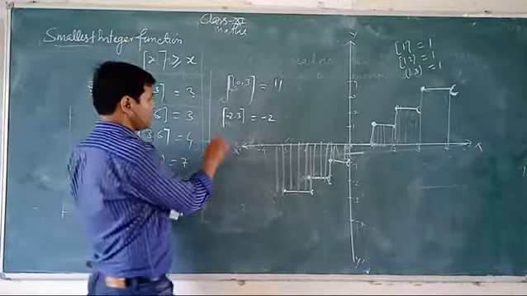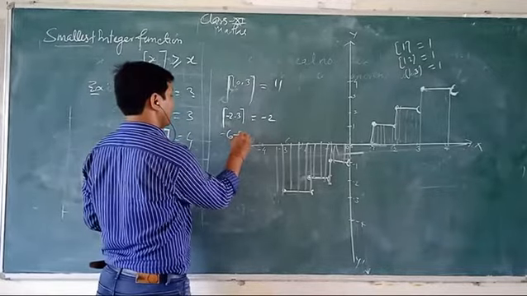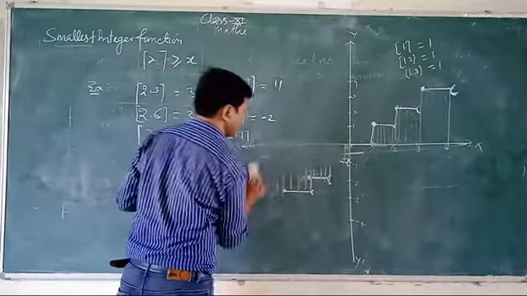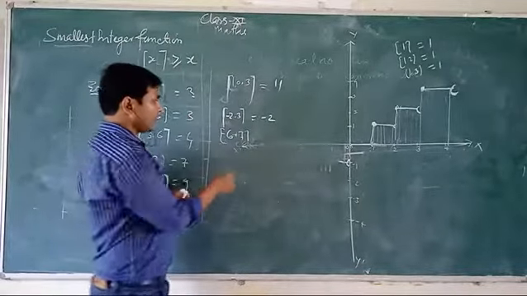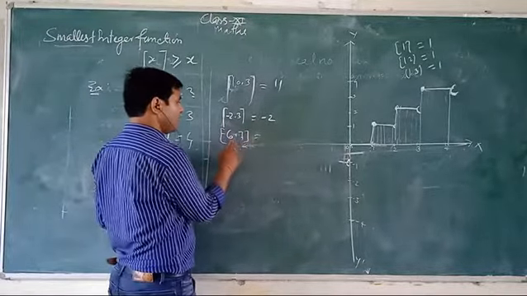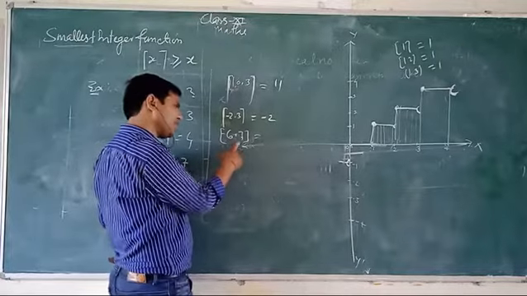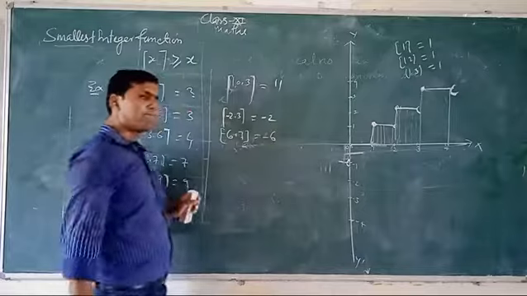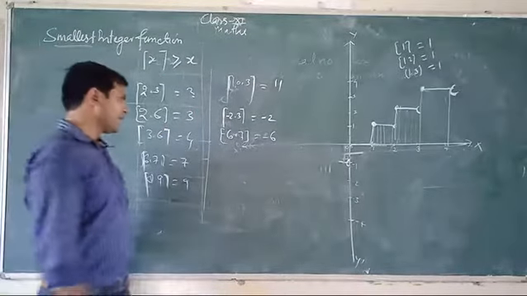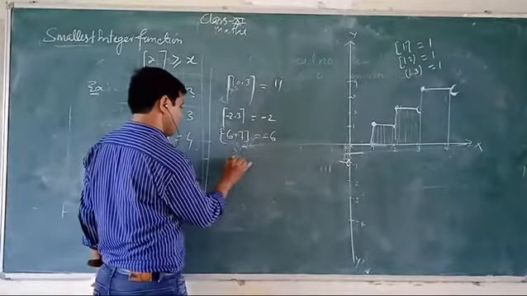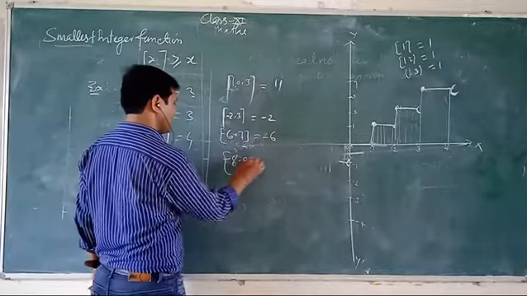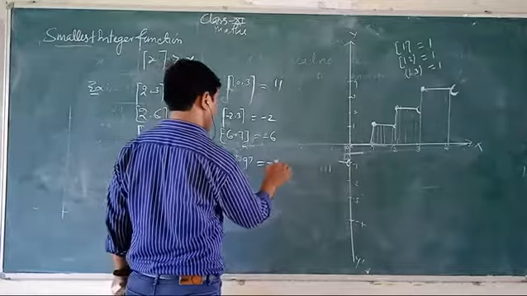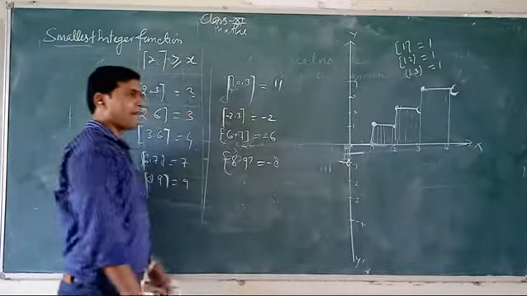And also minus 6.7, the just greater integral value of minus 6.7 becomes minus 6. Okay. Minus 8.9, here comes minus 8. Okay.